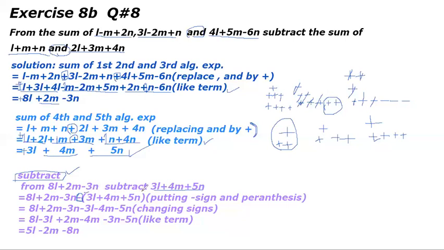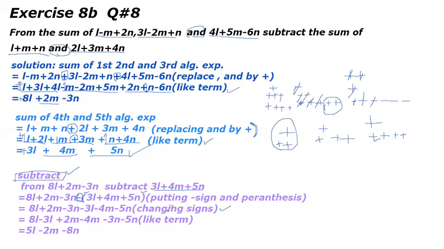Can you see these parentheses? I have written the next algebraic expression which we have to subtract from the first algebraic expression in the parentheses. These are the two basics of subtraction: negative sign and putting the next algebraic expression in the parentheses. Now, the second important rule is changing signs.